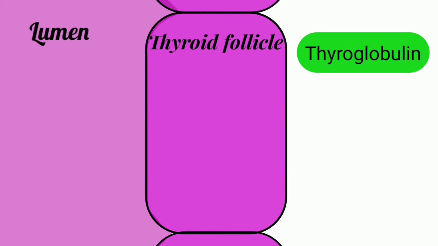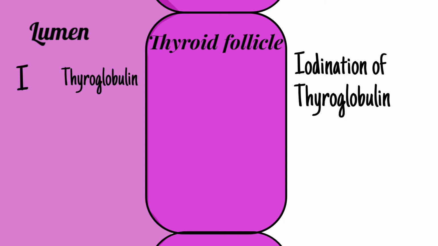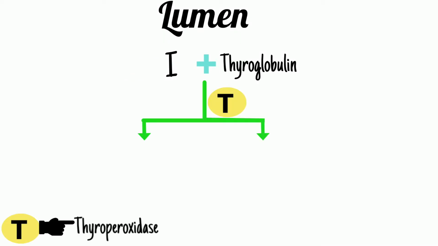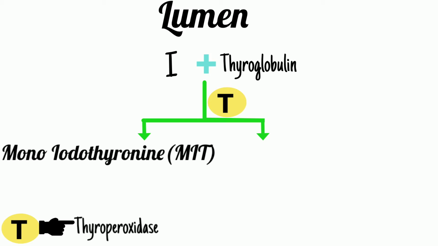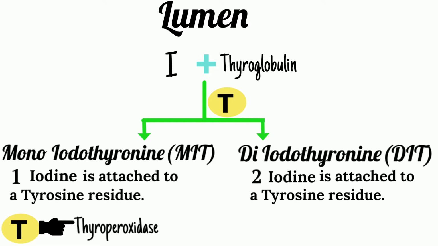Thyroglobulin is a glycoprotein with many tyrosine residues as amino acids. Iodination of thyroglobulin in the lumen is the third step, which is catalyzed by thyroperoxidase and thus forms monoiodothyronine and diiodothyronine, in which 1 and 2 iodine is attached to a tyrosine residue respectively.